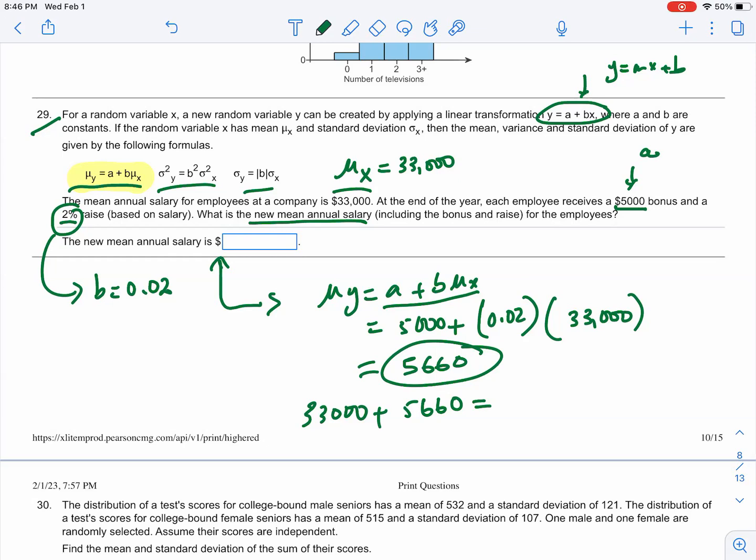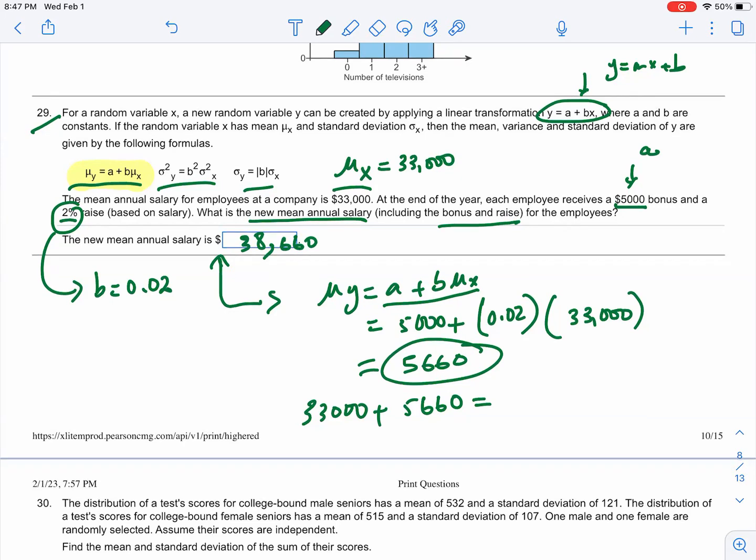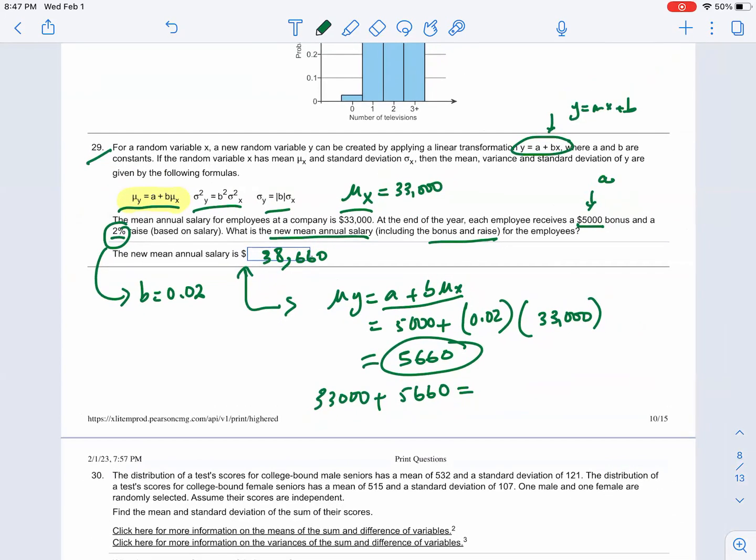And I get 38,660. Because what was going on here was just to find the increase, the bonus, the raise. So this is how you solve 29.